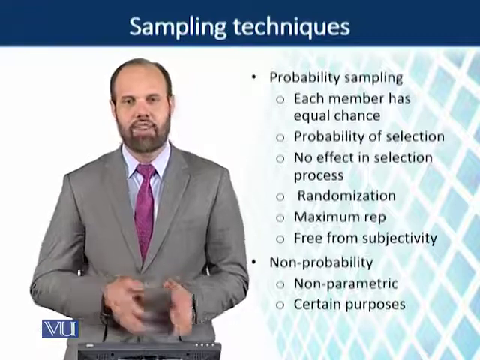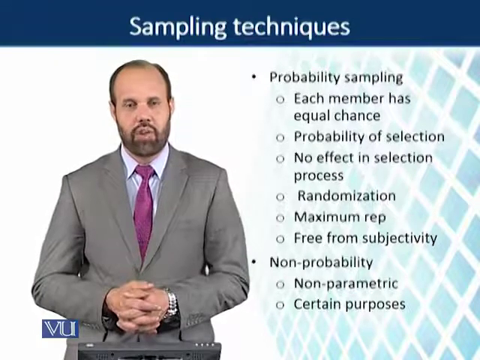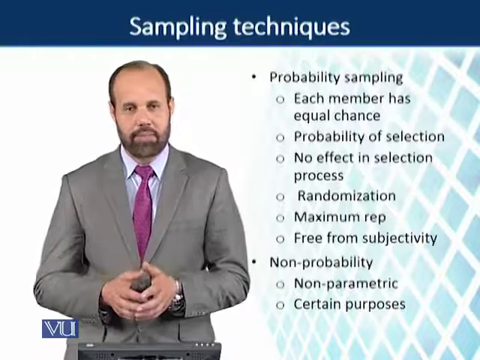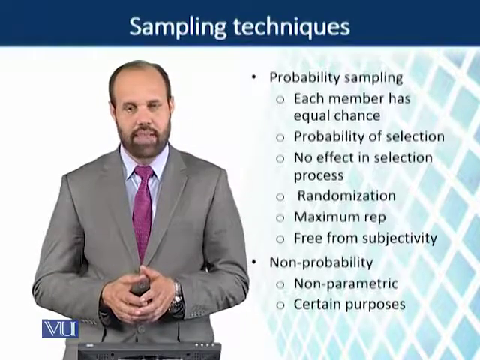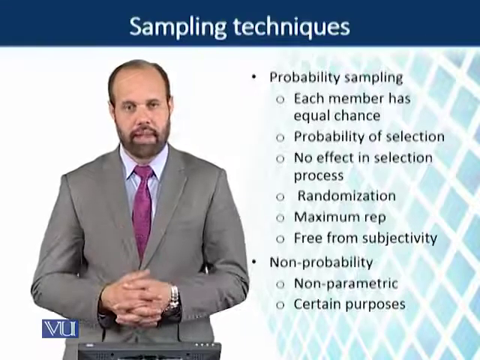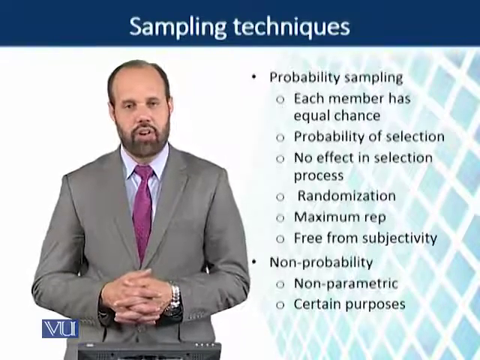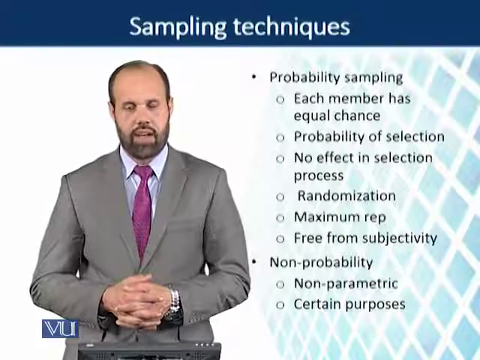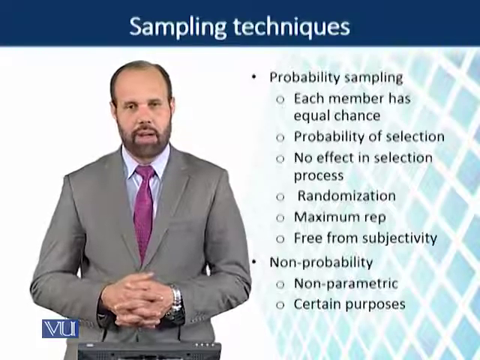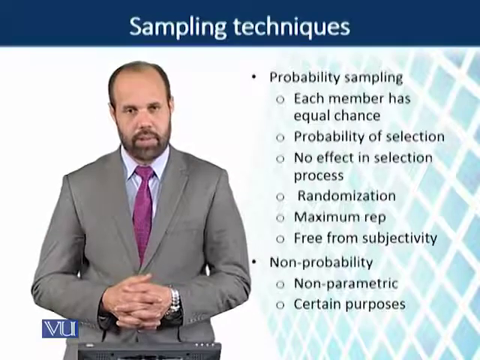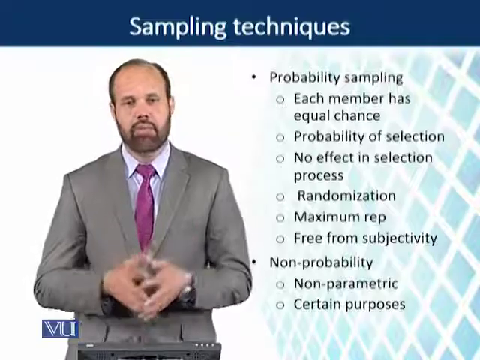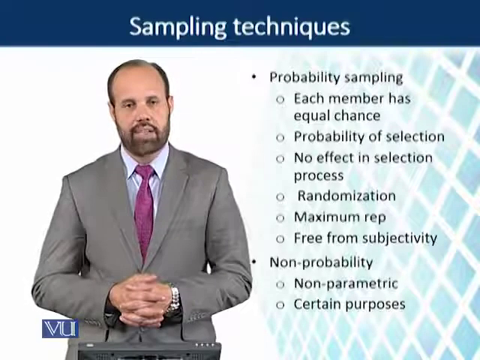And this is most of the time about qualitative research. When we do not use probability sampling as a technique, we go for non-parametric, purposive sampling, and we use that for gathering data. So these are two further classifications of sampling techniques.